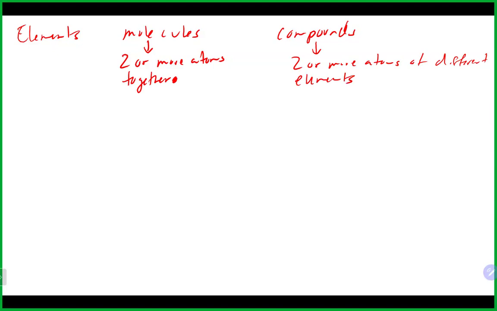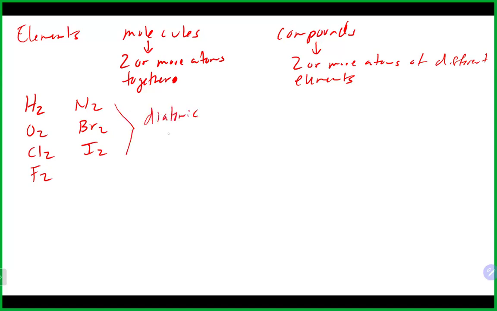So for example, again, we could have something like H2, N2, O2, Br2, Cl2, I2, and F2. These are all molecules. These are all what are referred to as diatomic molecules. That's because they all contain two atoms together. In this particular case, though, they all contain the same element, and these would also be elements as well.